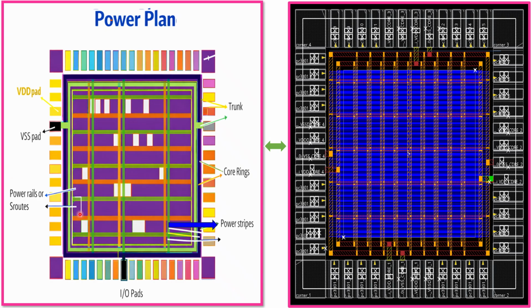These power rails connect the VDD and VSS supply to the standard cells inside. The power distribution must be done in such a way that it does not cause problems at a later point of time when we are doing the tape out. So this power plan does it perfectly.